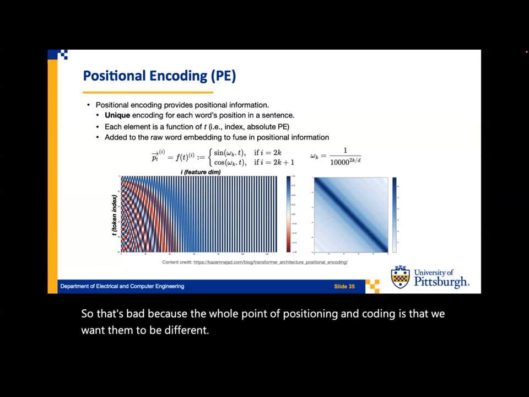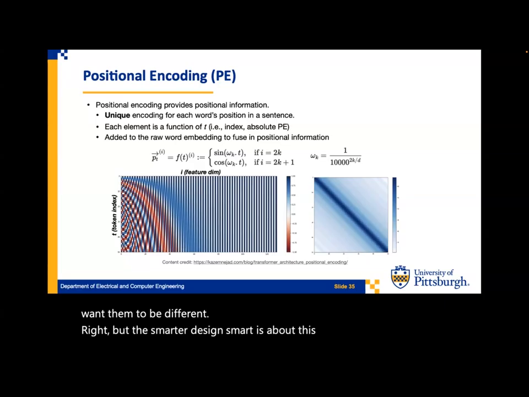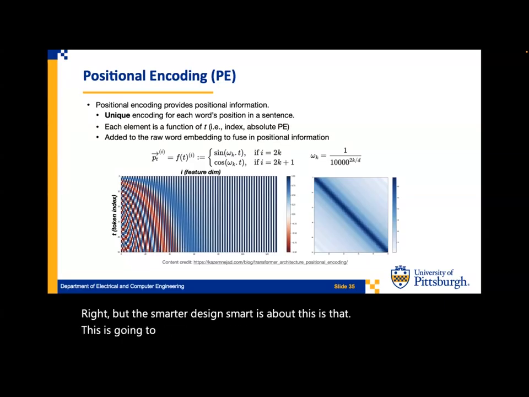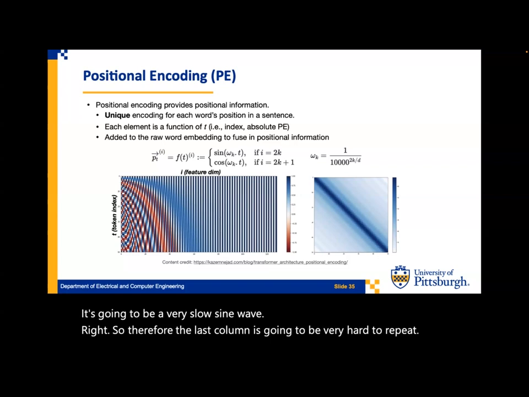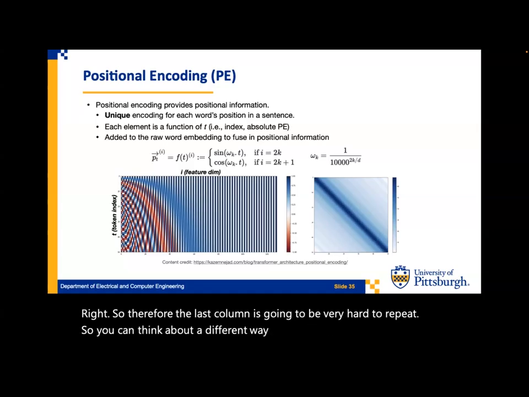But the smartness about this is that even though the first column is going to repeat, the last column is going to be a very slow sine wave, right? So the last column is going to be very hard to repeat. A different way to think about the design is, let's say we only have 3 columns here.